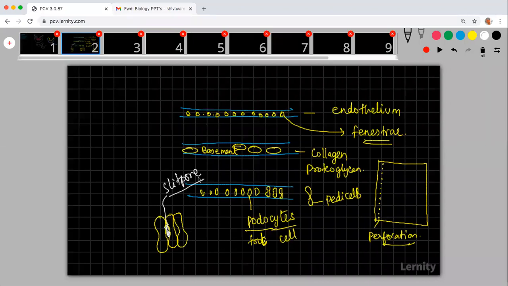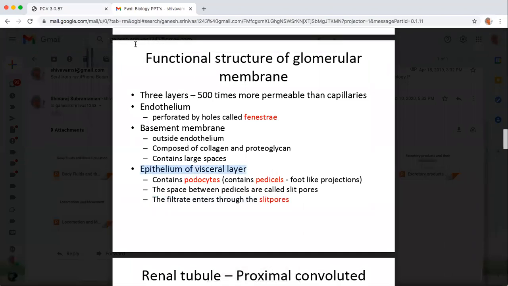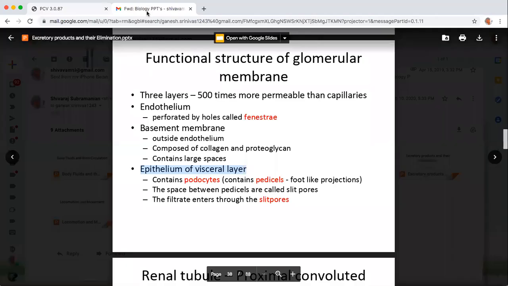Through the slit pore only, the filtrate will enter. So these are the three layers. The third layer is called the epithelium of the visceral layer. The three layers are the endothelium, basement membrane, and epithelium. Are we able to understand? So please copy down this.